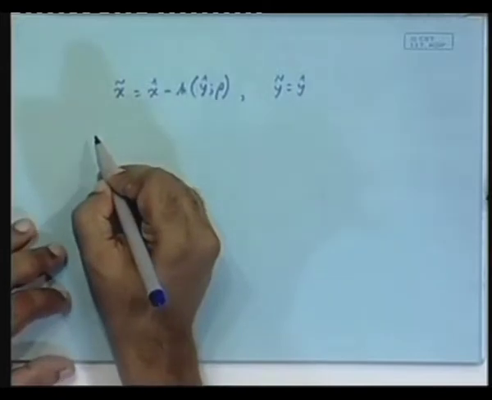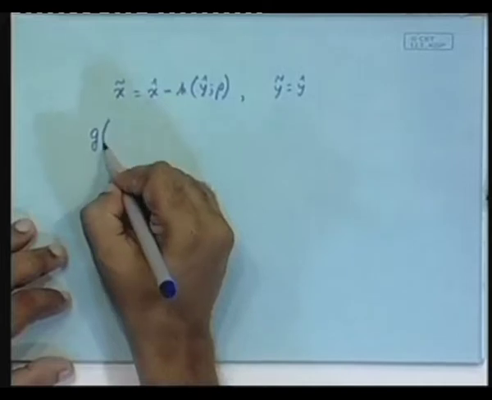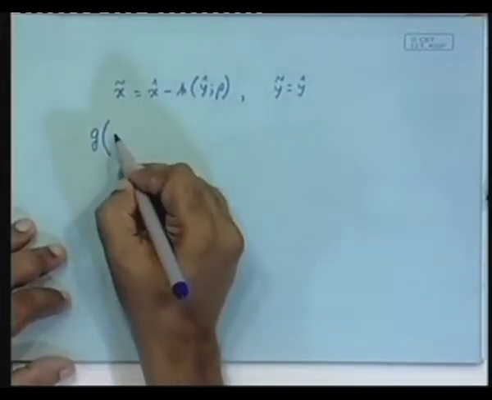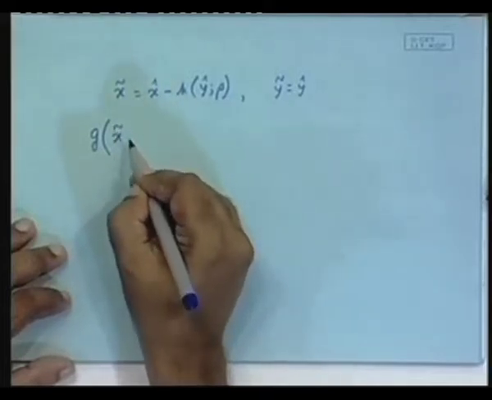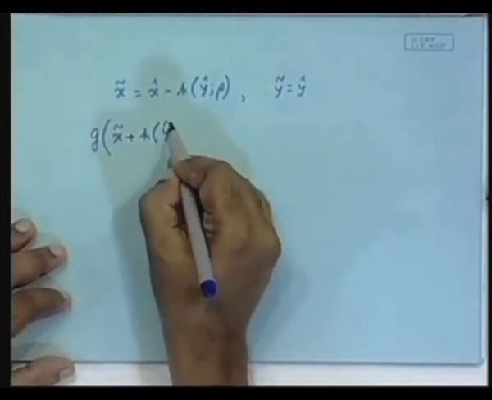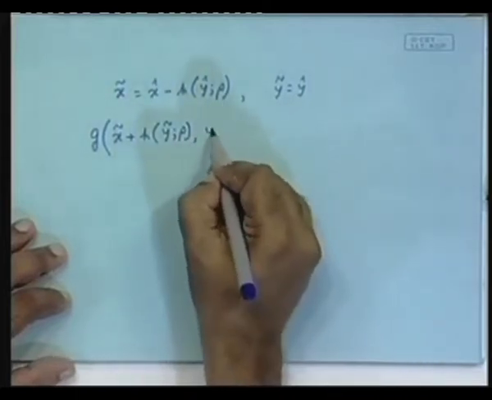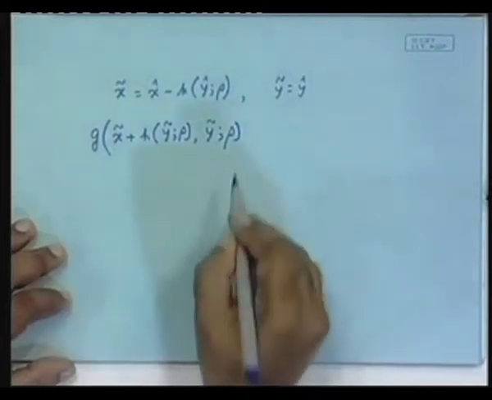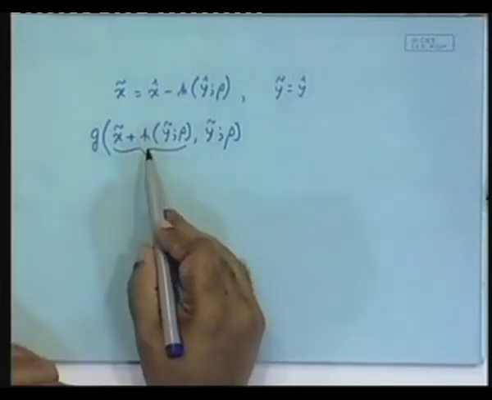So, we have then the map as G of x hat, y hat. x hat is now written in terms of x tilde, it is x tilde plus h of y tilde, rho, comma y tilde, rho. This is the map then. So, I have just substituted for x.